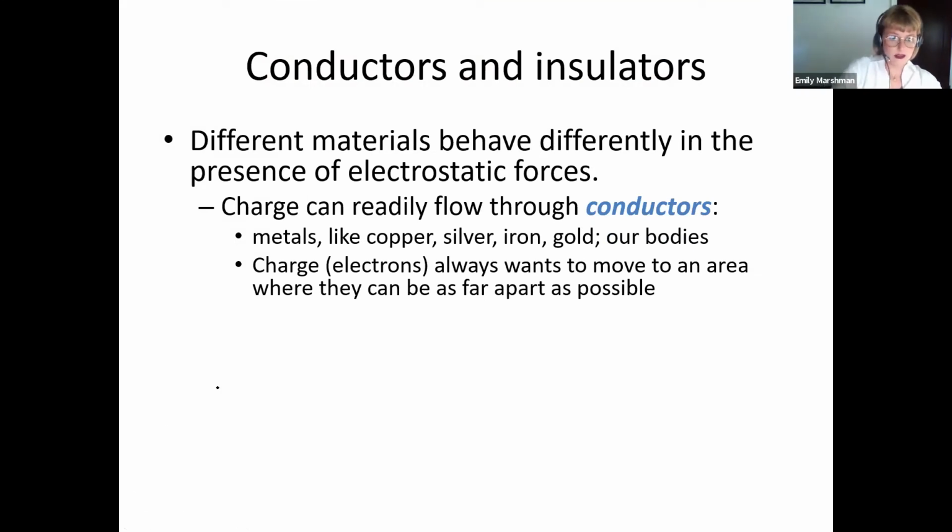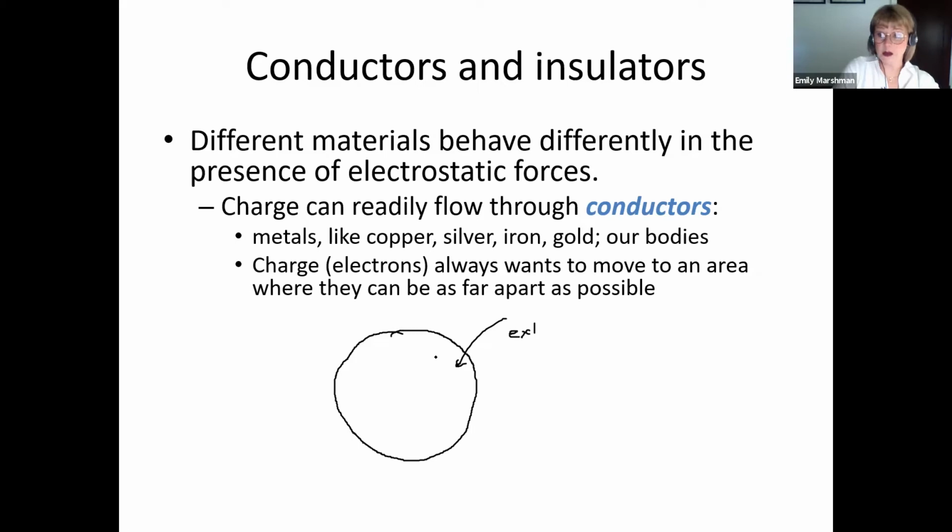So if I have a sphere, and let's suppose it's a metal sphere, and let's suppose I transfer some charge to this. So I put some extra electrons on here, because originally the sphere is neutral.